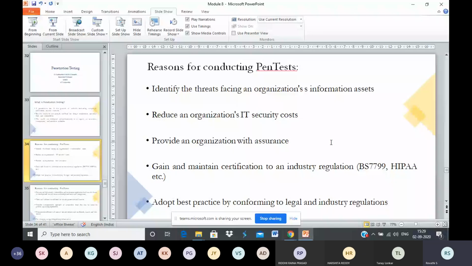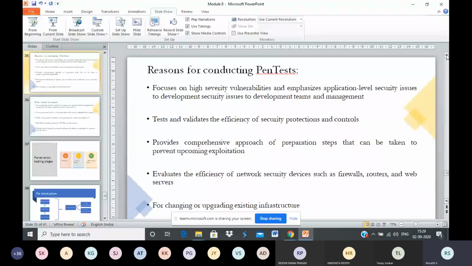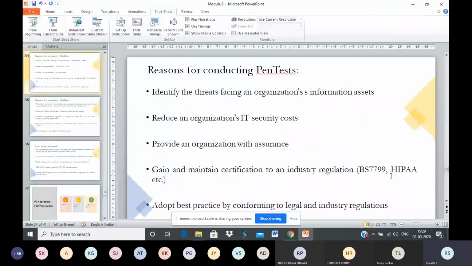Also, pen testing is important to get standard certifications like BS 7799 and HIPAA. These are all important certifications. HIPAA is for the health industry, and BS is for the general insurance industry.